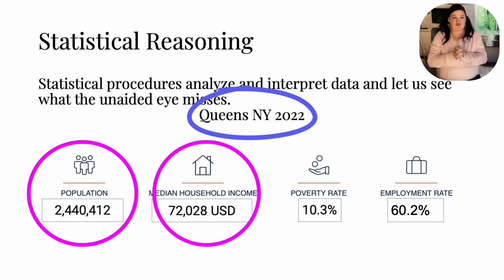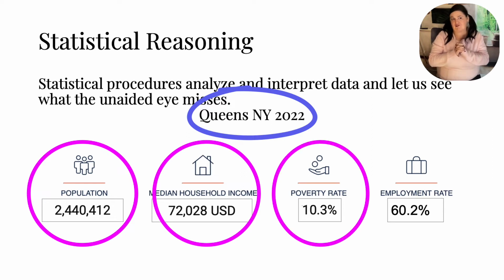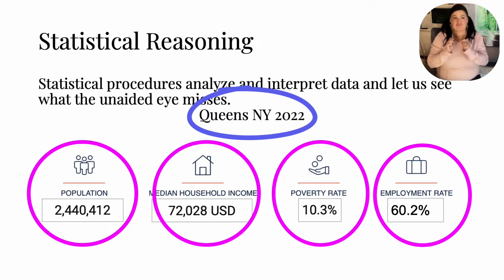The median household income is $72,000. There's also a 10.3 poverty rate, as well as a 60.2% employment rate. Notice I said employment, not unemployment rate. It means that about 60% of the population who lives in Queens and who are at least 16 years of age or the working age is employed.